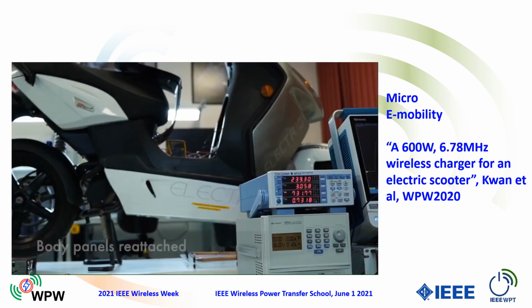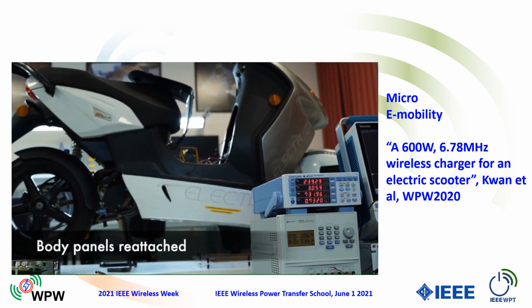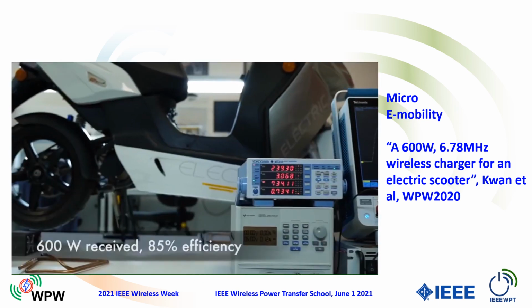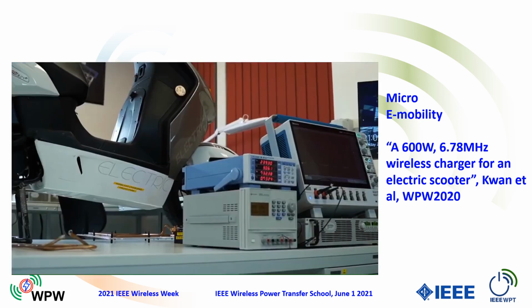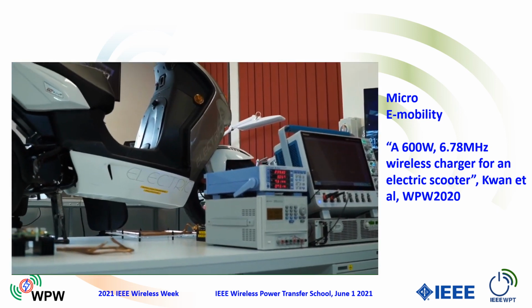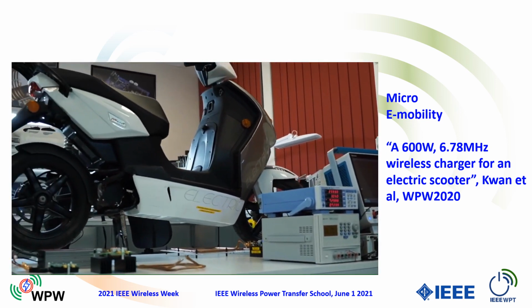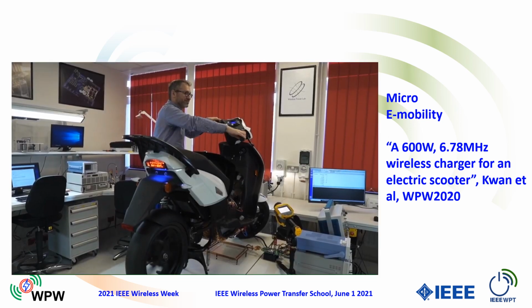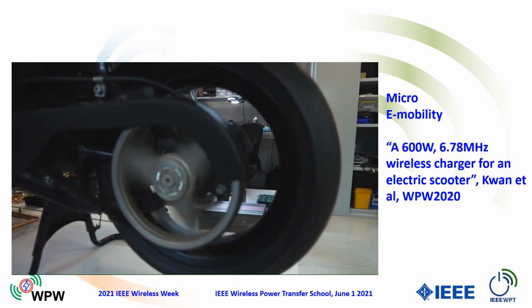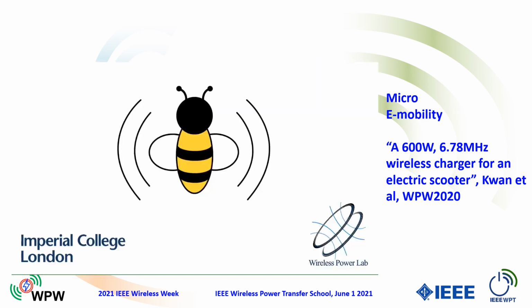So 700 watt system input, 600 watt system output into the bike, 85% efficiency. Useful because you don't have very much payload capability on an electric scooter. You have a lot more payload capability on a full-size car than you do on an electric scooter, and that's why these megahertz systems again can be quite useful in these types of applications.